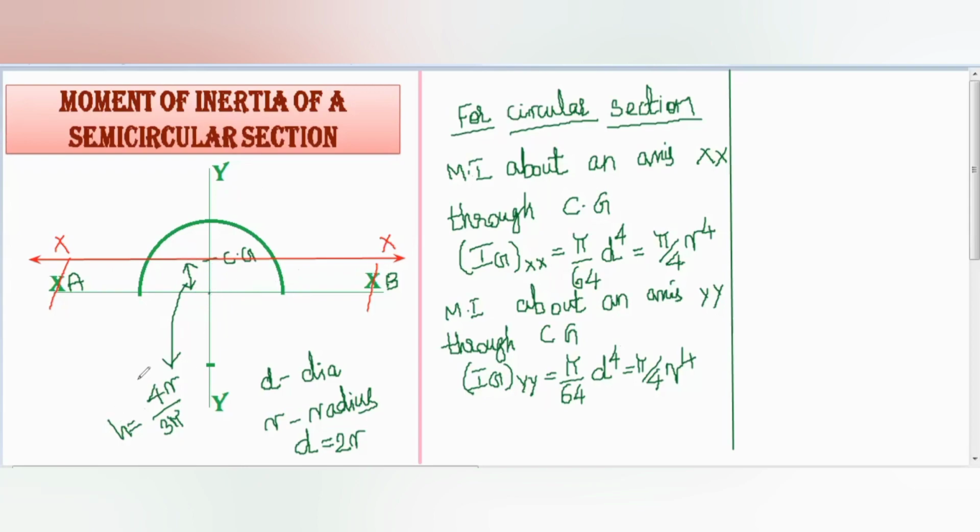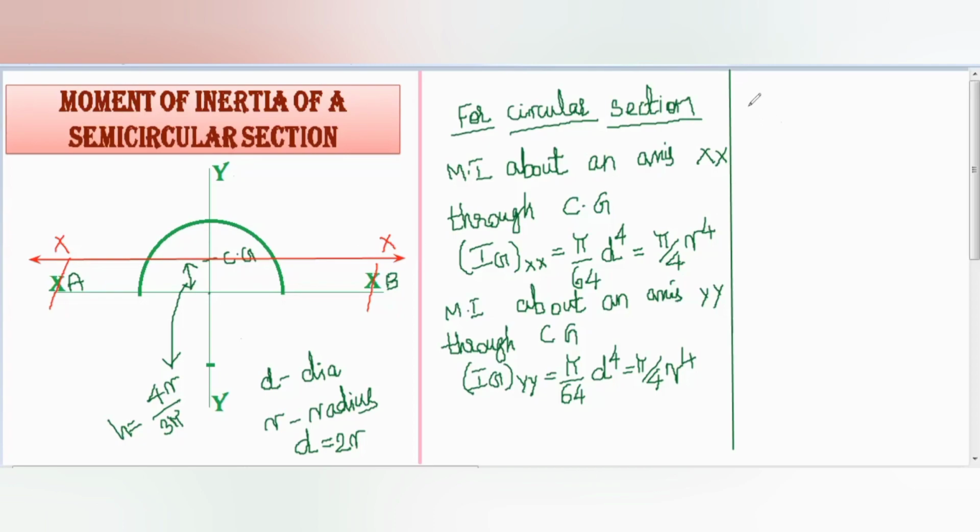The distance will be 4r by 3 pi from the base of the semicircle. Now, the XX axis passes through the center of gravity I drew here. Okay. So here you can see the IYY. There is no change from the previous circle or semicircle.